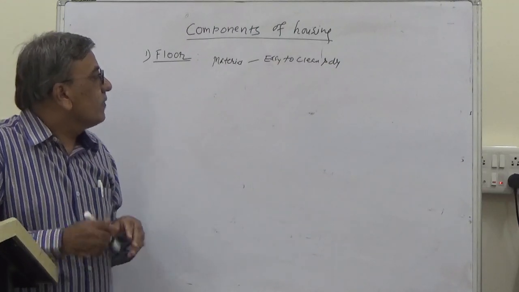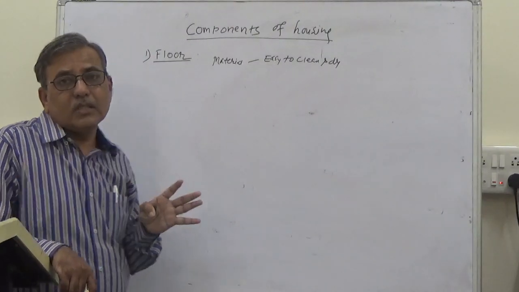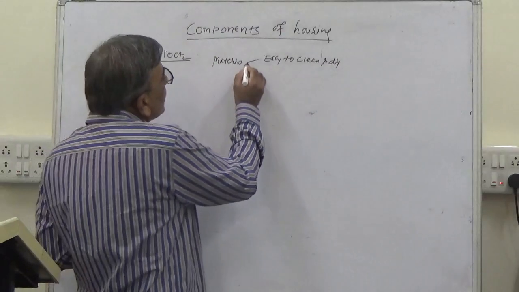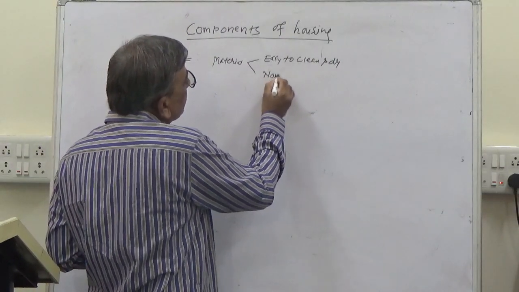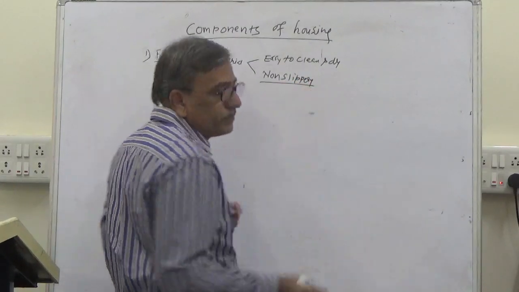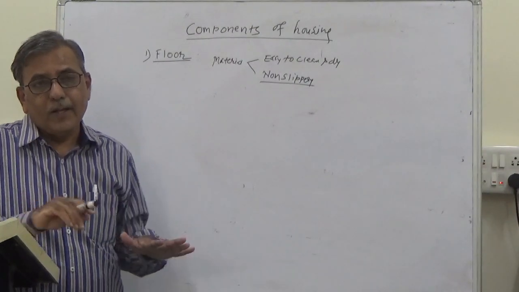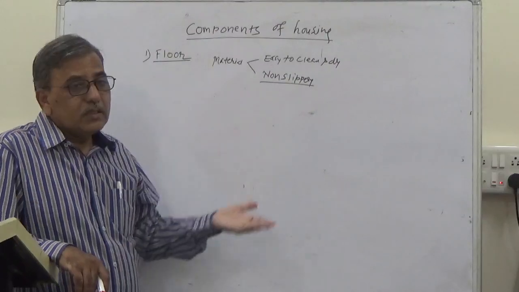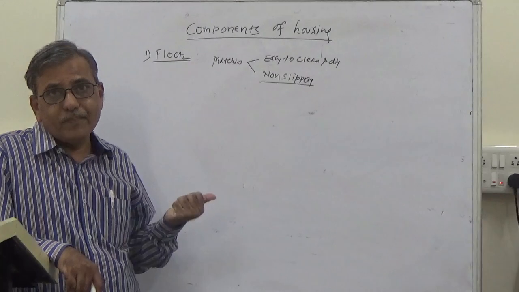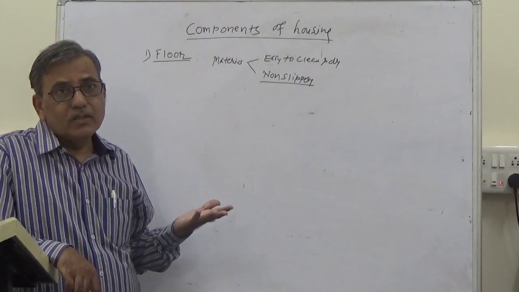Then the second requirement, the second property required of the material to be used for the floor of house is it should be non-slippery. Means it should be somewhat rough, because if the floor is smooth, the animal may get slip and there may be severe injury including fractures to the animals.